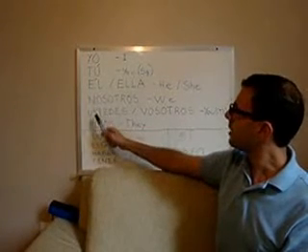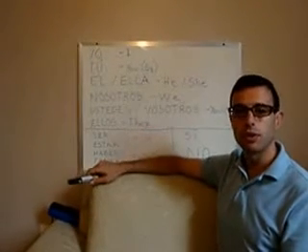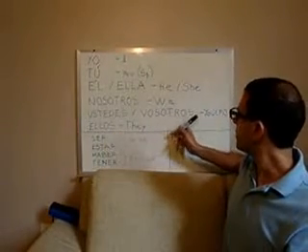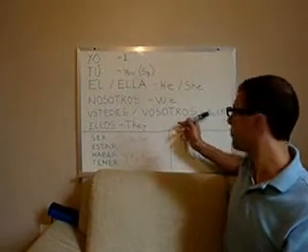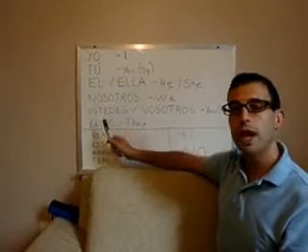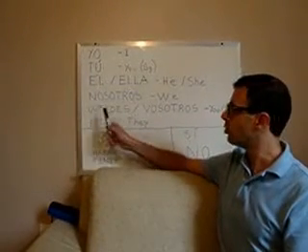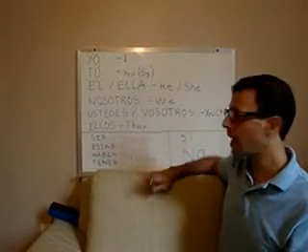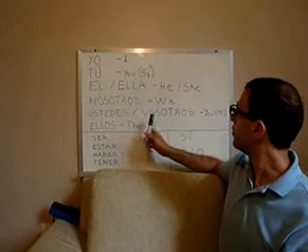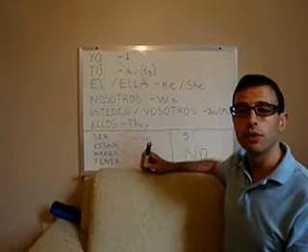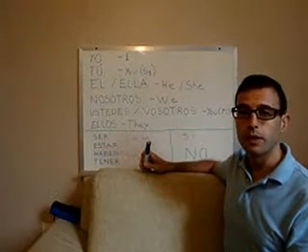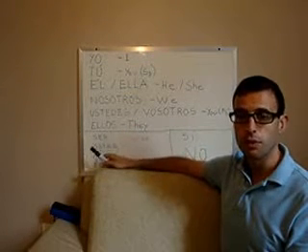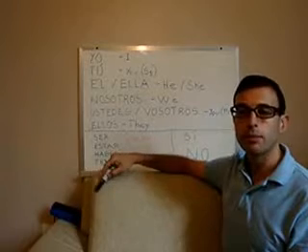So, let me repeat again what I mentioned in the first video. For the second person in plural, so for you plural, in Spanish we have two words, ustedes and vosotros. As I said before, vosotros is the word they use in Spain. Ustedes is the word used for you, plural, in all Latin American countries.